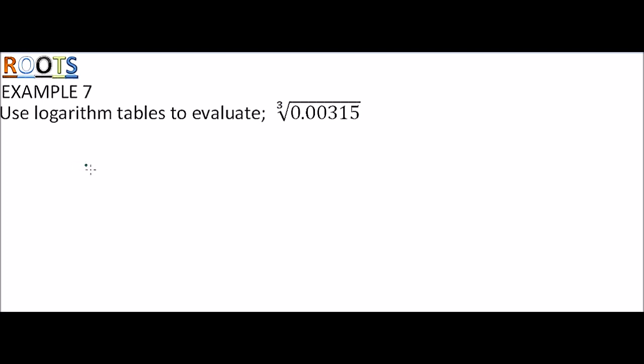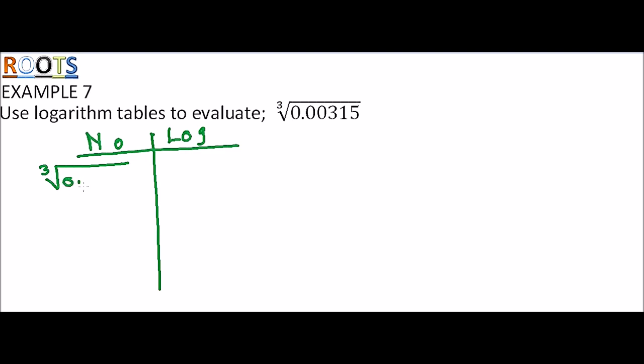So example 7: look at the cube root of 0.00315. We do that with the help of a table. So we make our table there. We have the number, we have the logarithm. Our number is the cube root of 0.00315.